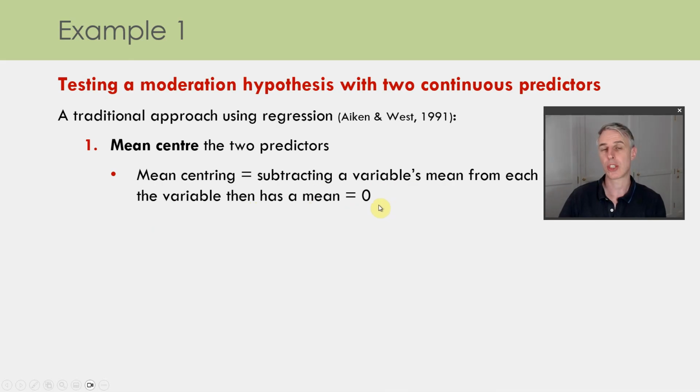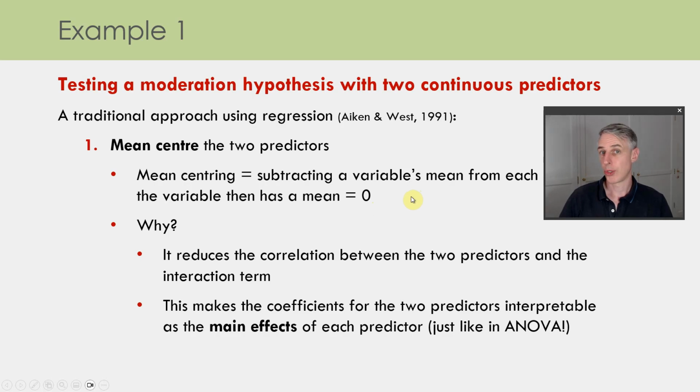The mean of the sample will be 0 on that variable. Why do we do that? Well, the key thing it does is reduce the correlation between those two continuous predictor variables and the interaction term, which is a third term created by multiplying those two predictors together.